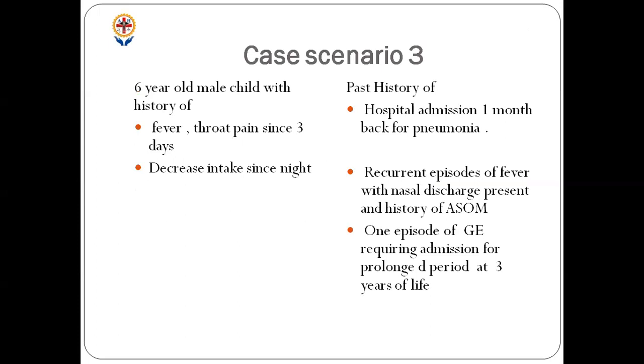Yes, ma'am, we have to rule out any primary immunodeficiency in this child, because the child had frequent episodes of fever also involving the lower respiratory tract and even GI, requiring a prolonged hospital stay.